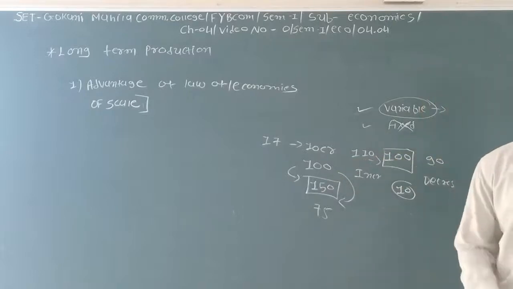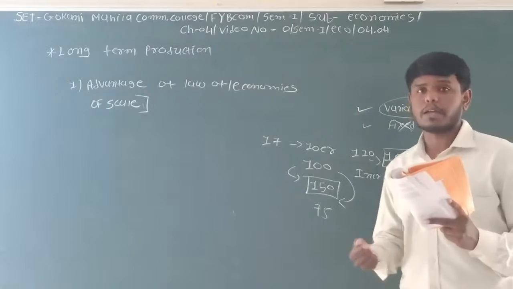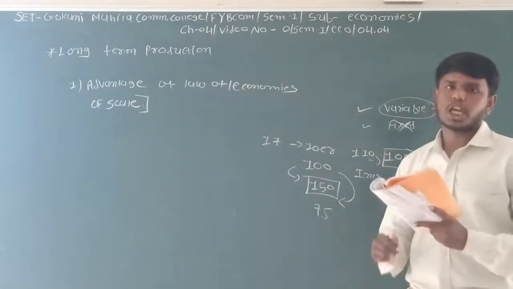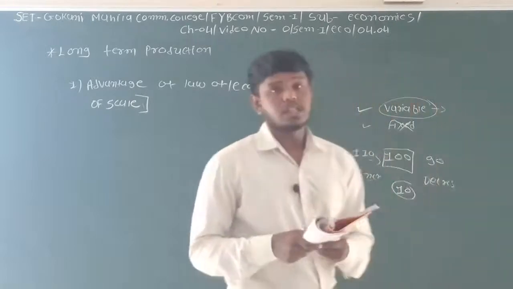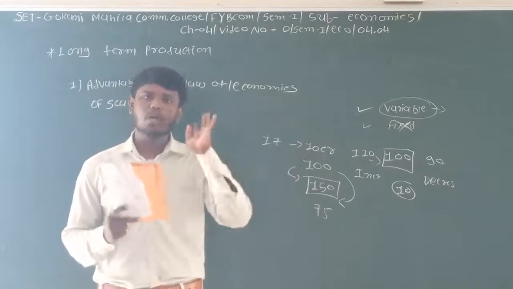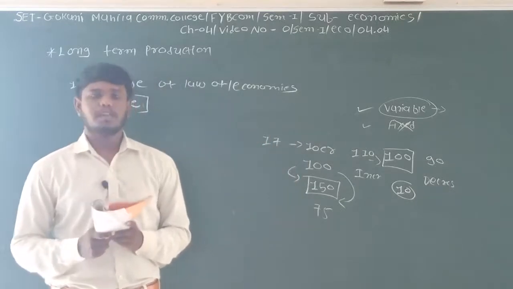You can make one more plant in your business enterprise to meet this demand. So you can make changes in any factors of production according to your requirement. This is called the economies of scale.